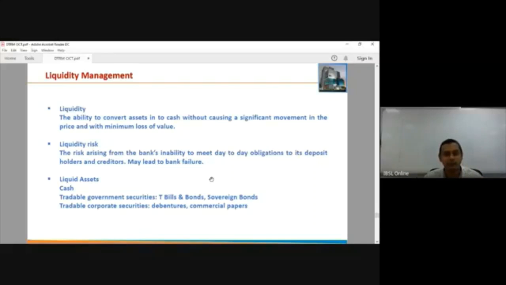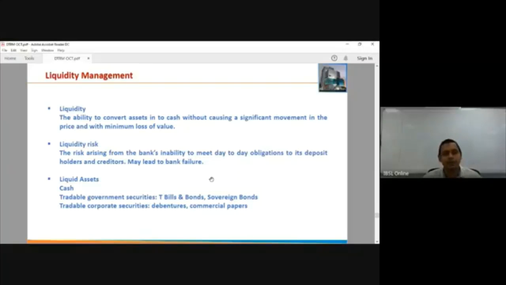Anything that happens in a bank ultimately ends up as a liquidity risk, a liquidity crisis. Therefore, banks are required to manage liquidity risk on a dynamic basis, not like credit. You can give a credit and wait for 3 months. If it is not paid, you put it in NPL. Then you make a provision. Then wait for 1 year, 2 years, 3 years. Still not paid. You go to the courts and recover the property, right?